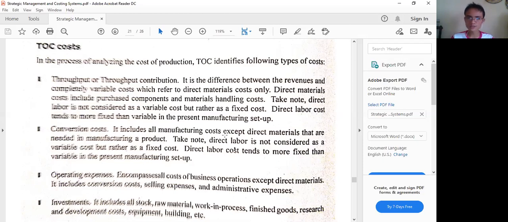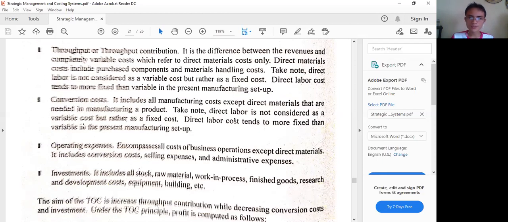Yes, that is very true. But just for this assumption, for the theory of constraints, we are going to consider this one. So that's a different island, cost behavior, CVP analysis, and this is a different island. Hopefully that is clear. When we study accounting, we should set demarcation lines.